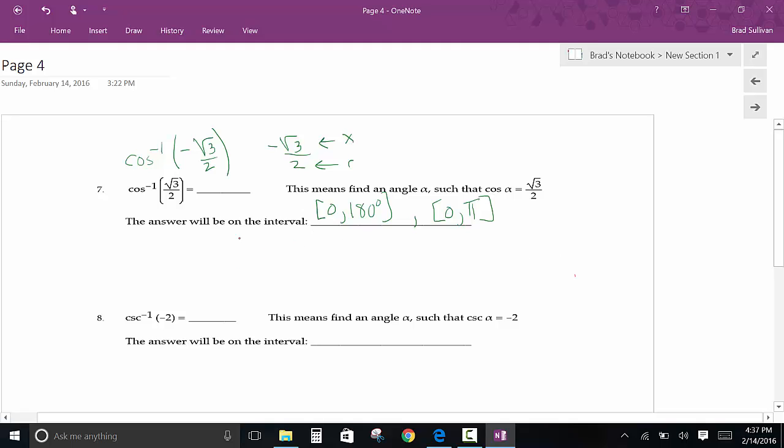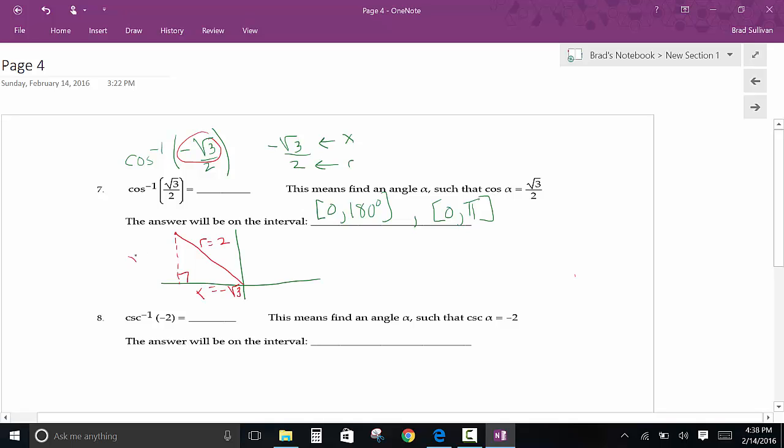If we draw a diagram on this, it means our x is going to be to the left because it's a negative value. So we're going to draw our reference triangle over into quadrant 2. Notice this time I gave you x is negative square root of 3 over 2, and r is 2.